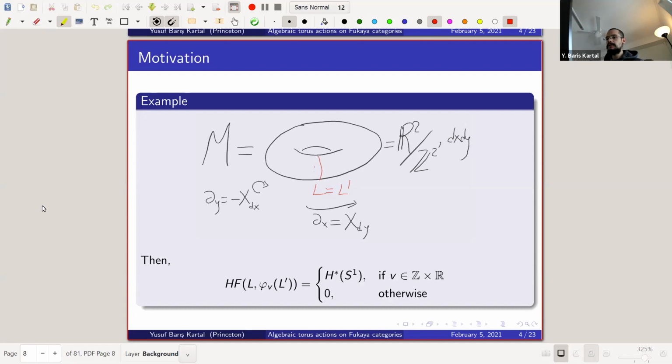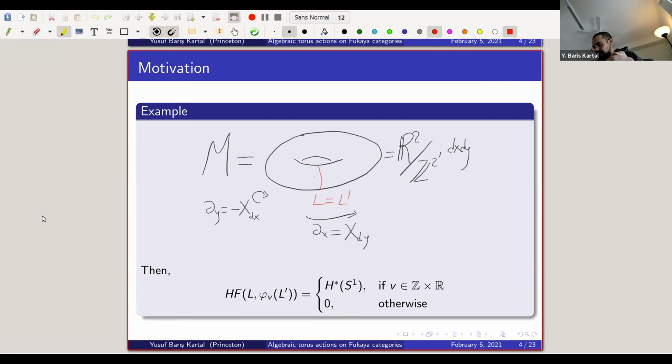Then the Floer homology of L with phi v L prime is rank 2 after an integral multiple, after a full rotation or twice full rotation, etc. So it becomes rank 2 when v belongs to Z cross R. Here I am identifying the first cohomology of M with R squared, and it is 0 otherwise.